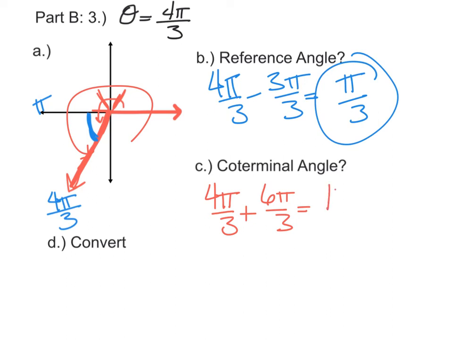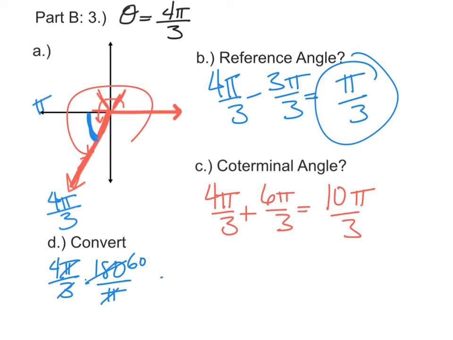So when I add these two together, we'll get 10 pi over 3 as a coterminal angle. And then finally convert it into degrees. That means we'll take 4 pi over 3 and multiply it by 180 over pi. The pi's will cancel. 3 goes into 180 60 times. 4 times 60 would make 240 degrees.